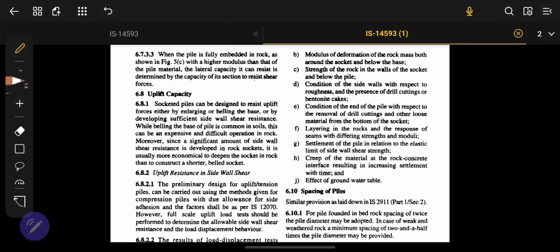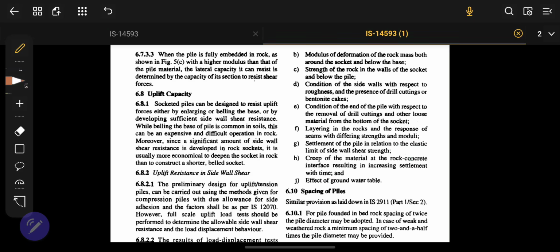So if your strength is less, E will be less, and then the socketing capacity will be different. This relative difference will lead to relative strains. So there will be some capacity difference between two different piles where this kind of situation is happening, and at some other location where only one type of E is there.